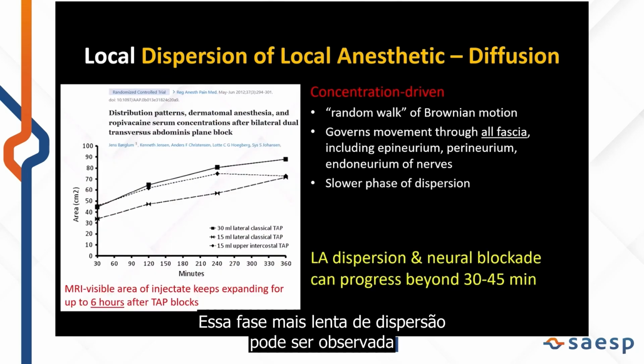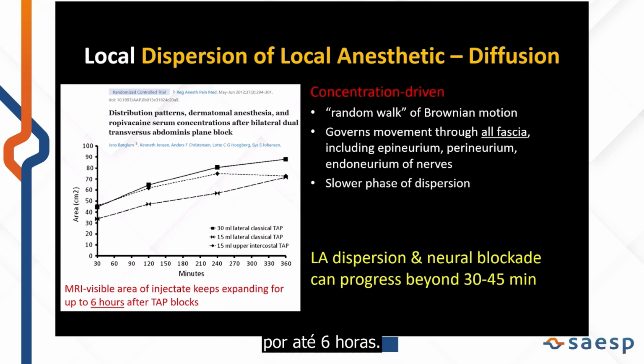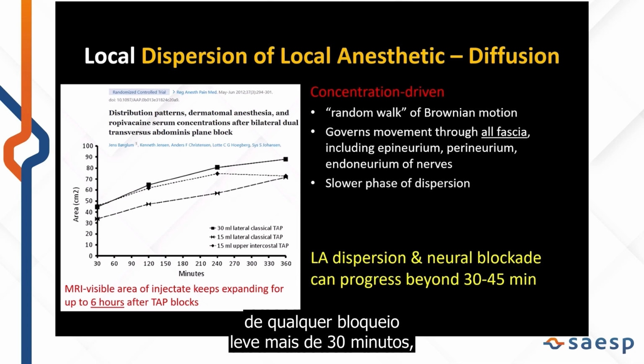And this slower phase of dispersion can be seen here in an MRI study of TAP blocks, where there was an increasing area of visible contrast spread over up to 6 hours. In practice, I would therefore say that we should expect that the full extent of the clinical effect of any block may well take over 30 minutes and perhaps even longer to fully manifest itself.